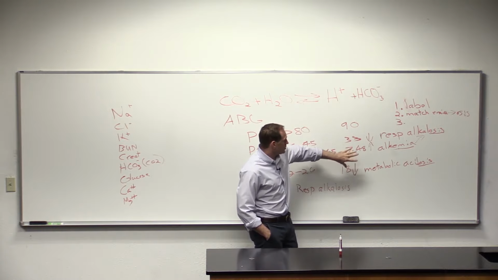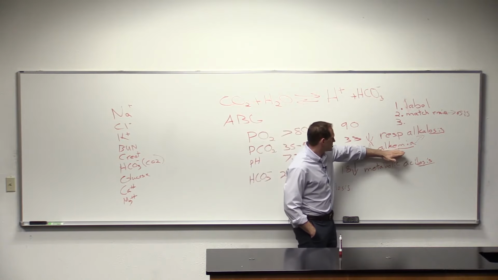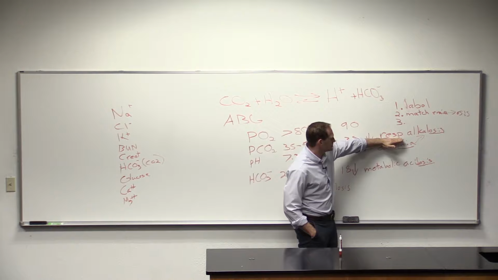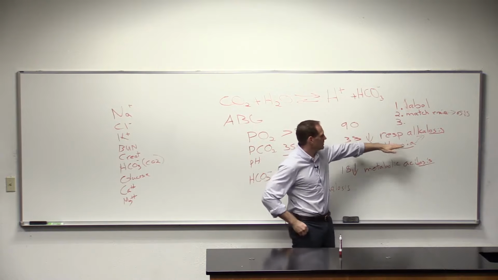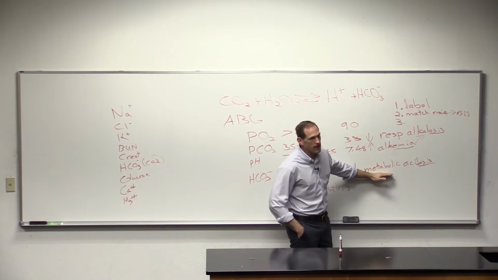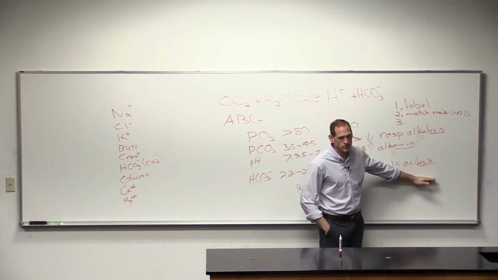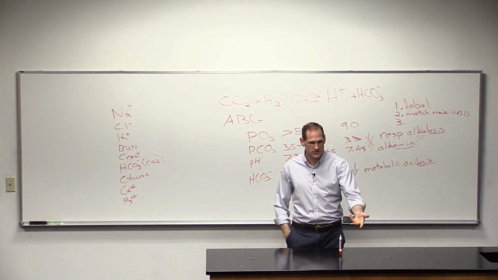Now, the way that you tell that on an ABG, so we matched alkemia to respiratory alkalosis. So now we've got to look at the other osis. So if respiratory was our primary problem, what's metabolic doing? Is it the same, neutral, or opposite? It's opposite, which means that our kidneys are compensating.